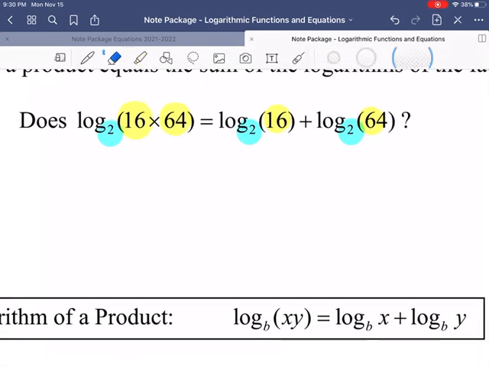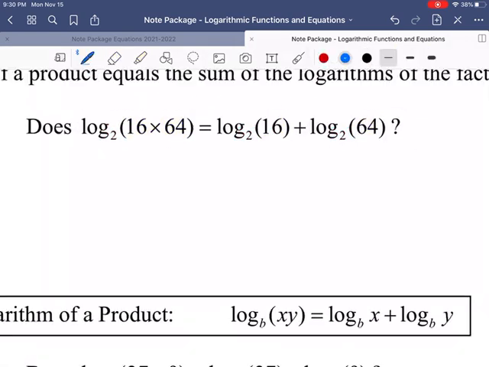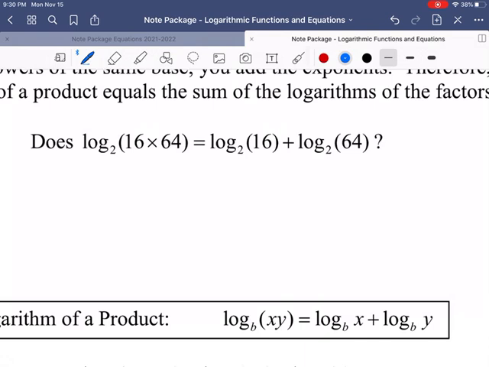Well, let's evaluate our left side here. Okay, first of all, what is 16 times 64? Well, by the magic of mathematics, it's 1024. So 2 to what exponent equals 1024? And it turns out that it's 10. Okay. Now we go ahead and check out the right side.